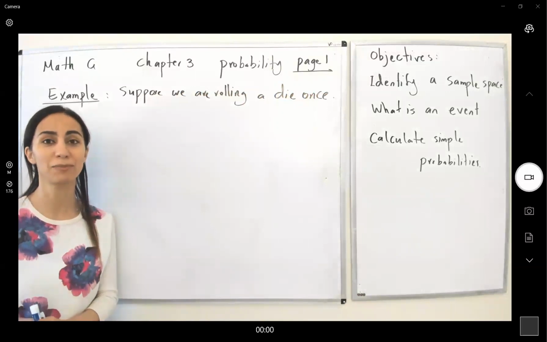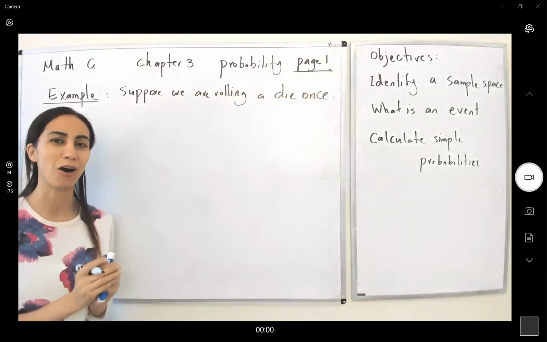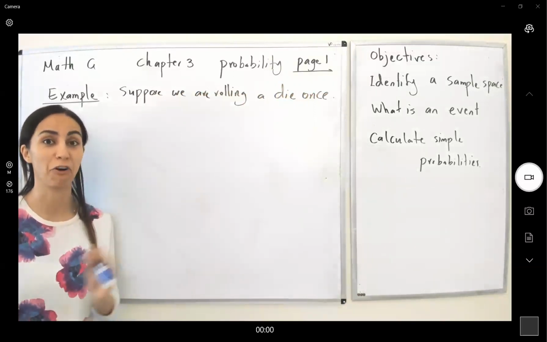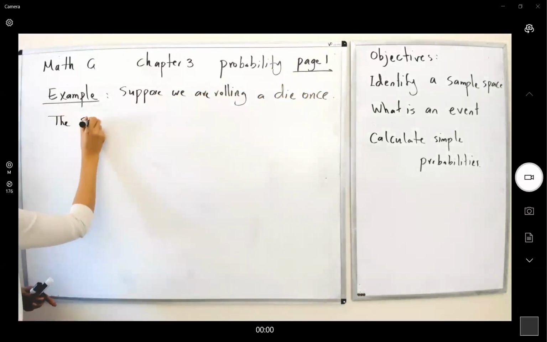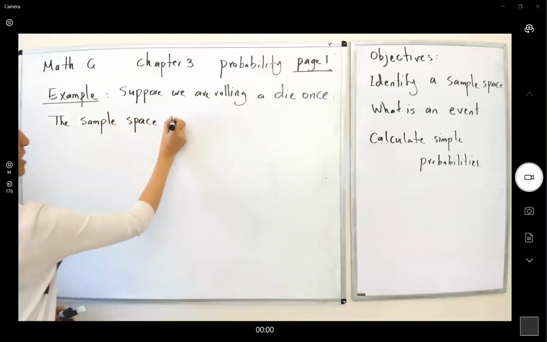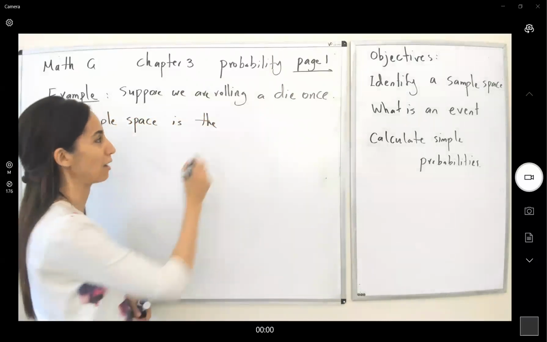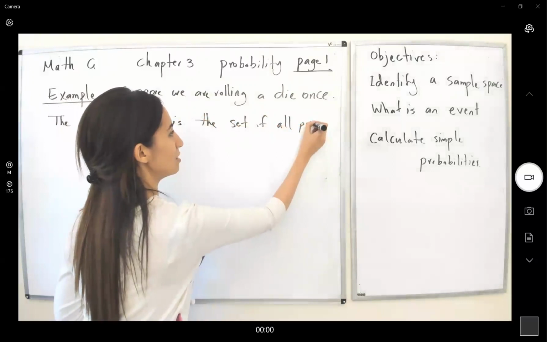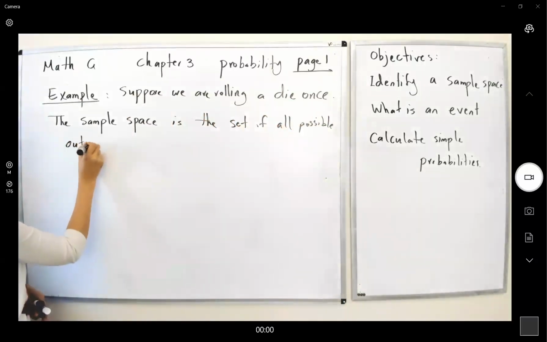Identify the sample space, and we're going to talk a little bit about those subsets or events that we defined before. The sample space is the set of all possible outcomes.